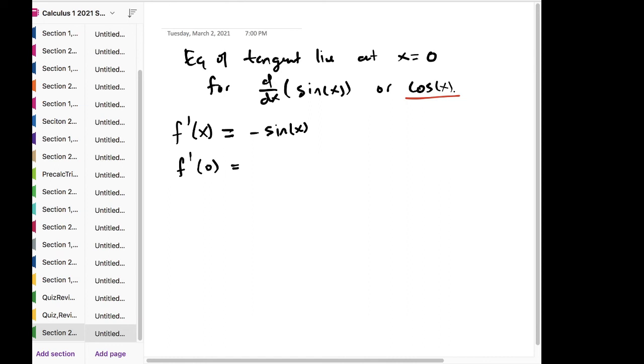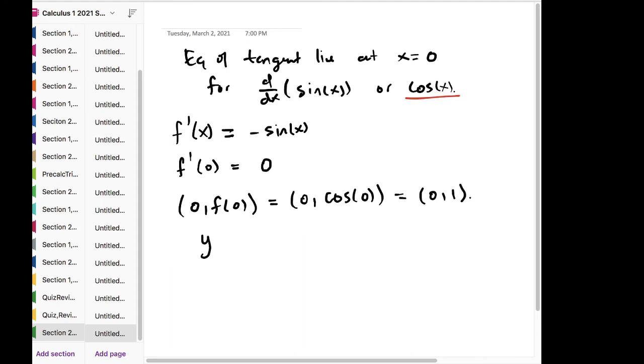I'm looking at sine, right? Sine of 0. And then what's 0, f of 0? Yeah, 0, 1. So what's the equation of the tangent line? It's y equals 1.